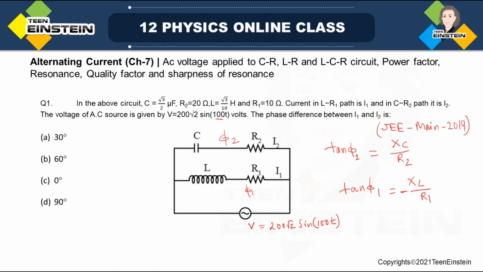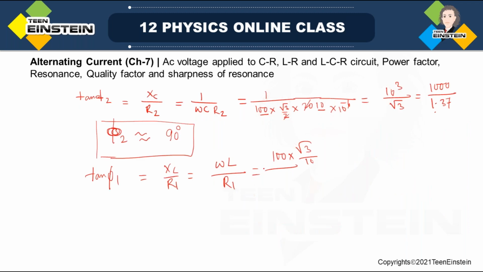R1 is 10. Omega is again 100. So this is root 3. Obviously there was a minus sign over here. If there is a minus sign, what you get for phi 1 is minus, sorry, 120 degrees.